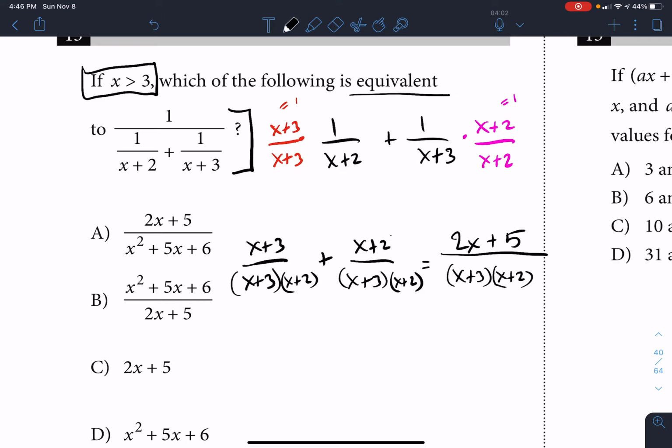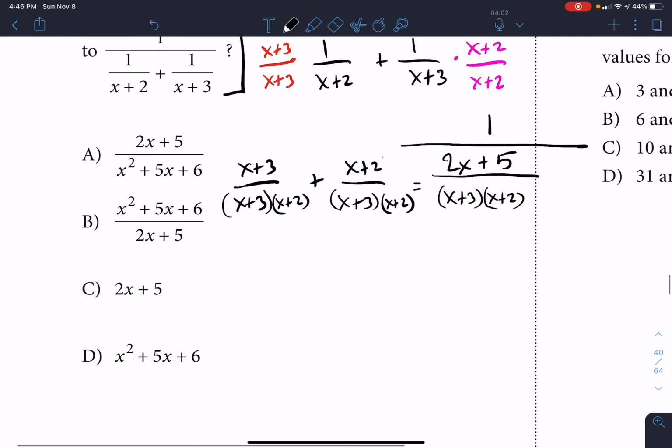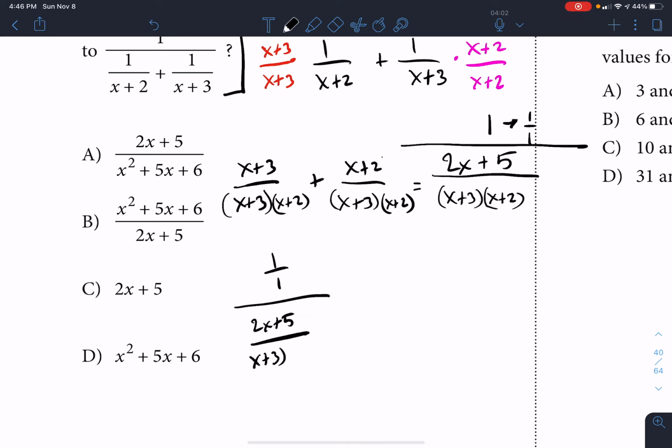Now remember, all of this was under 1. Now what do we do there? If you want to consider this, we can do this in two ways. We can say this is 1 over 1. Whoops. We have 1 over 1 over 2x plus 5 over x plus 3, x plus 2. Now why did I do that?